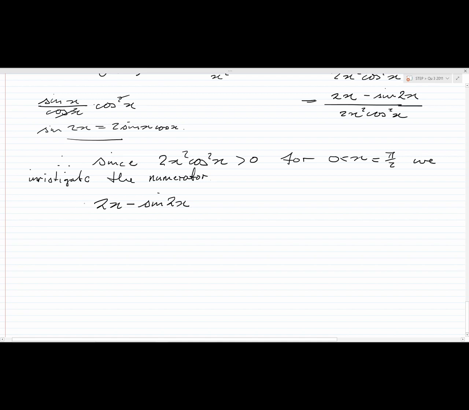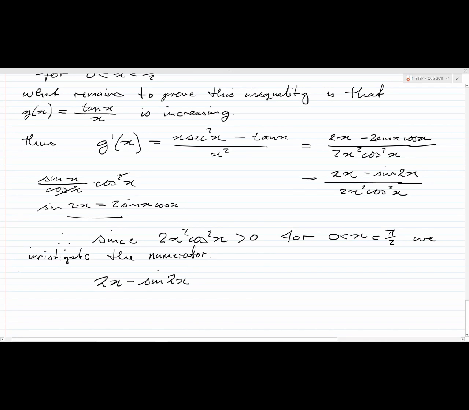So we're going to call this thing, let's say, what have we got? So we've used that, so let's use h. Letting this be h, well, then we can see that h of 0 is equal to 0. So if we can show this is increasing again, we're done. So h prime of x is going to equal 2 subtract 2 cos 2x.